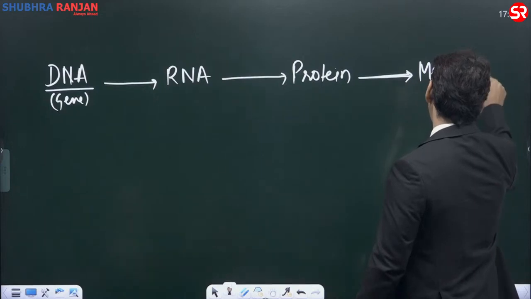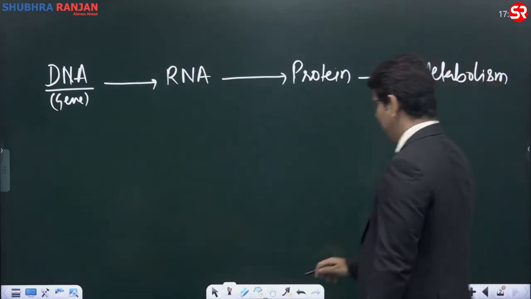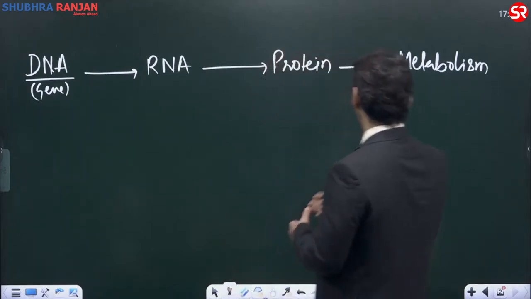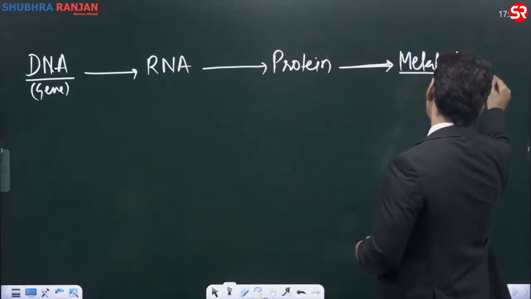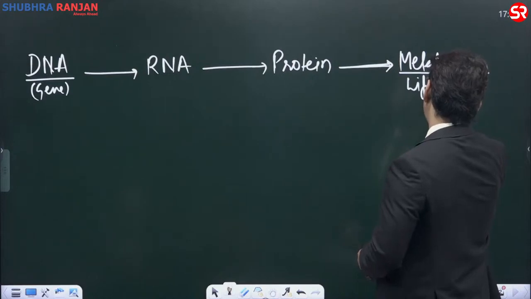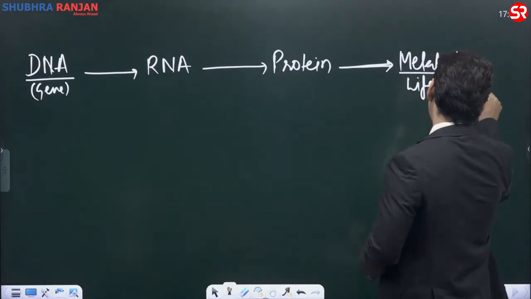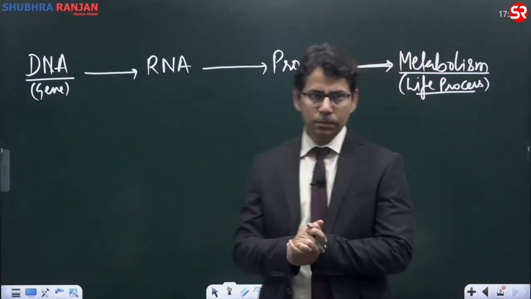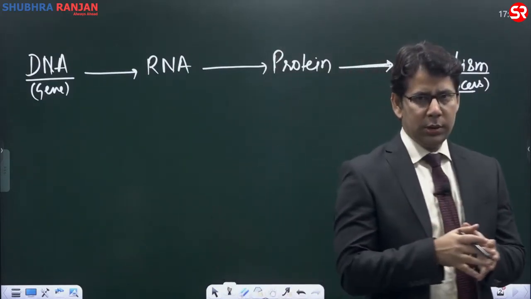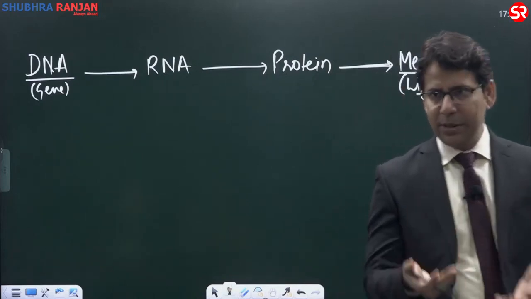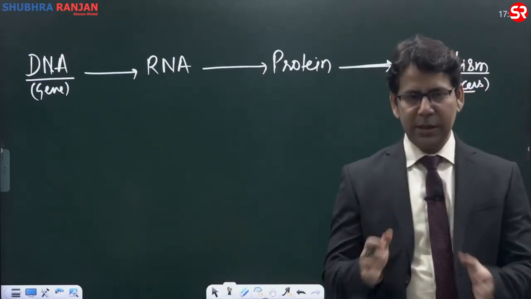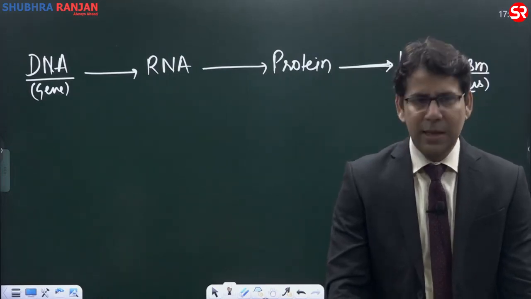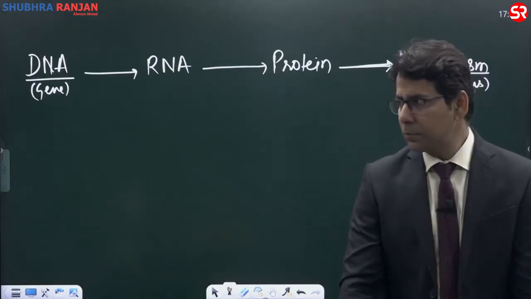So we are adding one more thing, metabolism, into this. So DNA to RNA, RNA to protein, protein, metabolism. Metabolism is a life process. So collective life process is known as metabolism. Whatever we do, whatever is happening in our body is metabolism, and whatever is happening in the body is due to enzymes. Enzymes are what? Proteins.